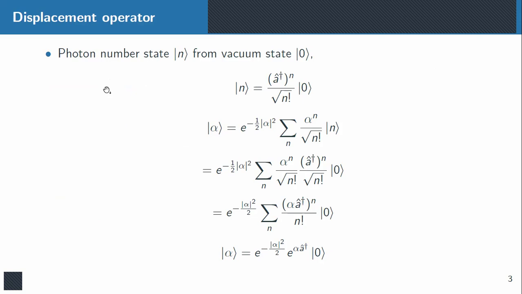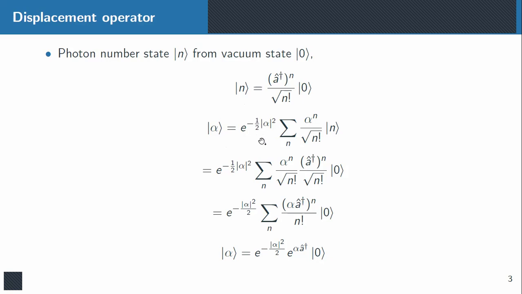We know that the photon number state can be written in terms of the vacuum state through the application of successive creation operators. And we also know that coherent states can be written in terms of the Fock state.